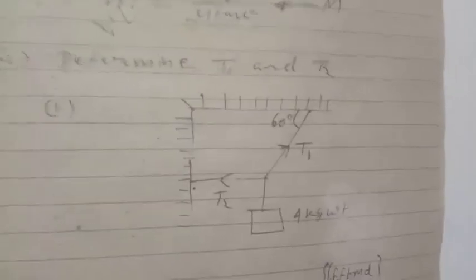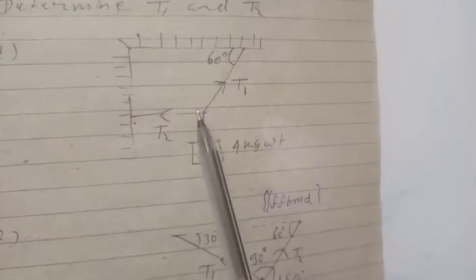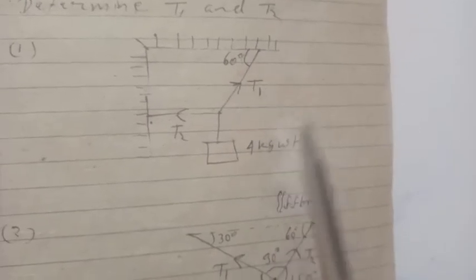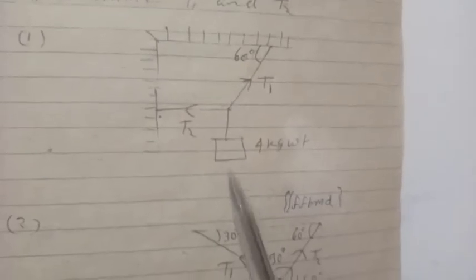Again, see the next problem. T1 and T2 are to be determined in the given figure. Here it is clamped, and the tension in this string is T2 and tension in this string is T1, and a 4 kg mass is hanged.